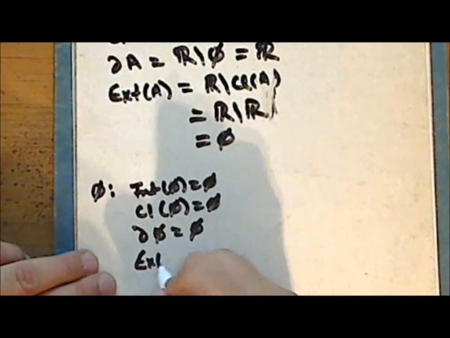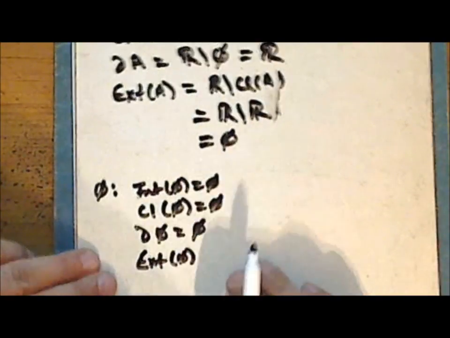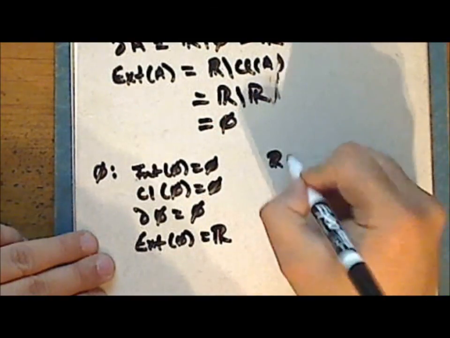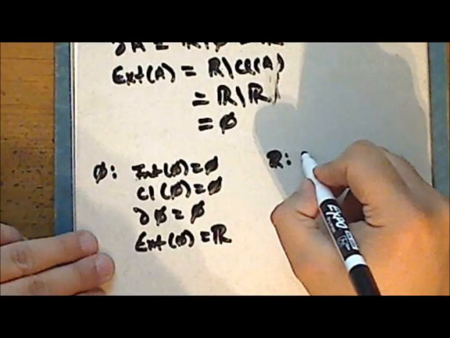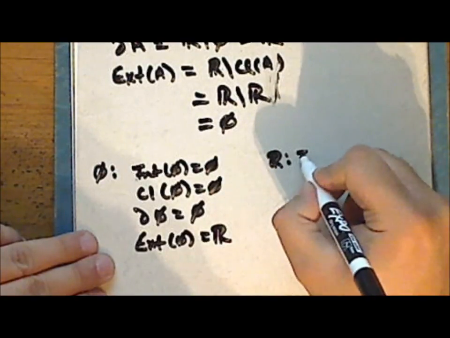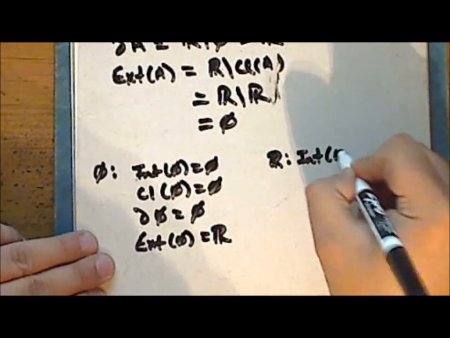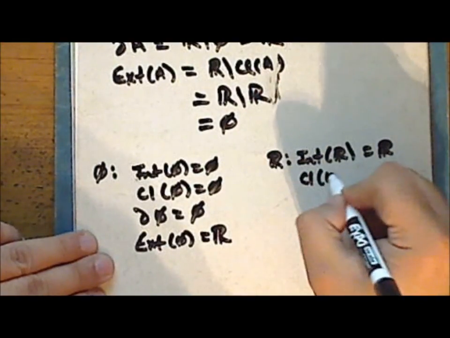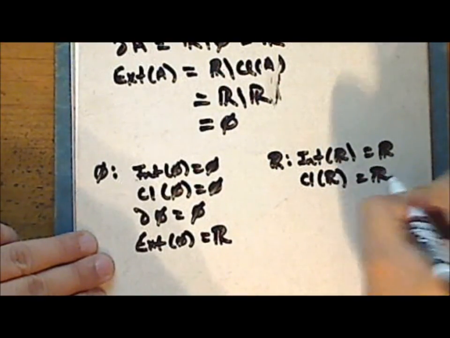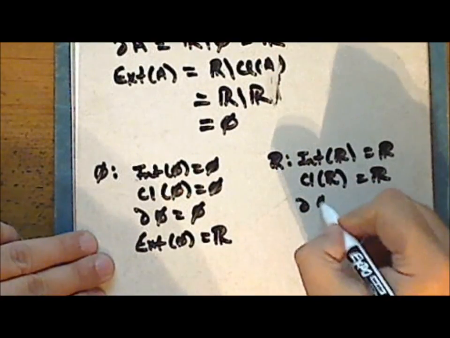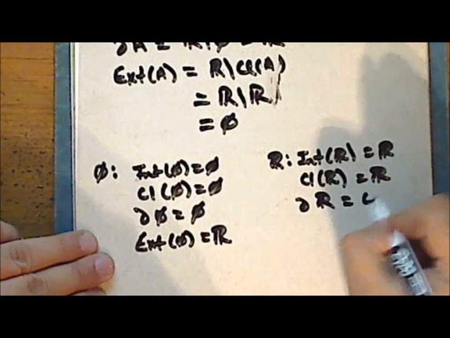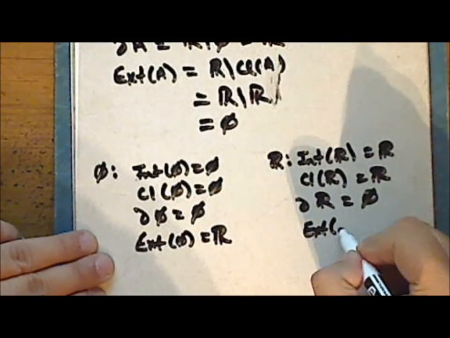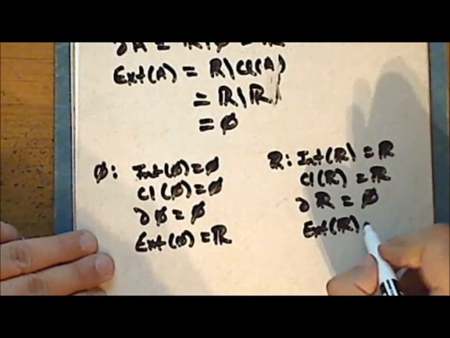And the exterior of the set is the complement of the closure, which is the entire set of reals. Now for the reals, we have that it is its own interior as it is open. It is also its own closure since it is closed. The boundary of the entire set is the empty set. And the exterior of the entire set of reals is the empty set.